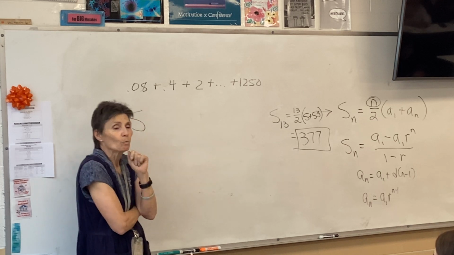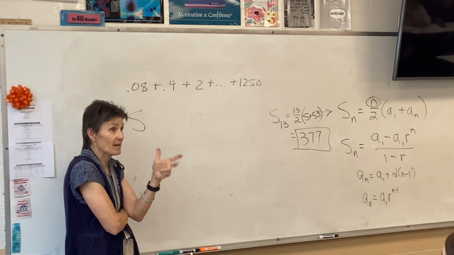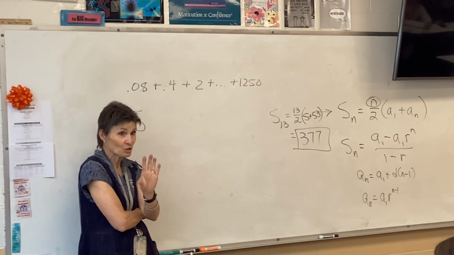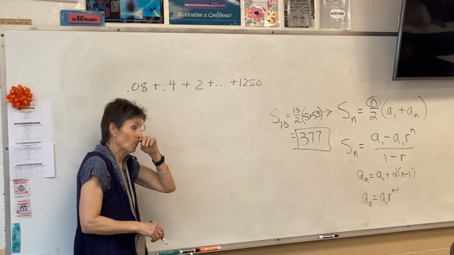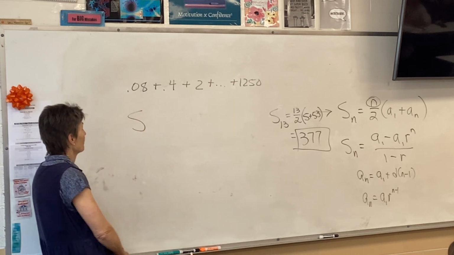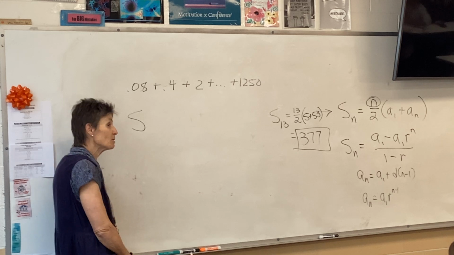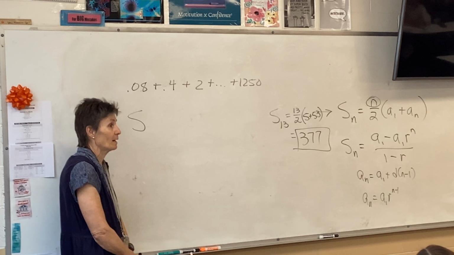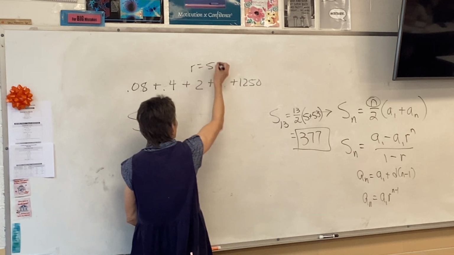Other than that, what is the first thing you should be thinking of when you look at this problem? Is it arithmetic or geometric? Because that decision is gonna tell you how you're gonna proceed, right? So what's your determination here? Are we arithmetic or geometric? If we're geometric, you're telling me I'm multiplying by something. What am I multiplying by? 5. You're exactly right. The ratio is 5.